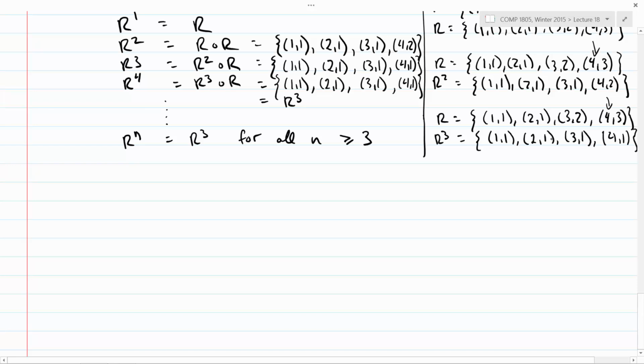I'm sort of excluding the middle thing, and that's exactly what you do when you're talking about transitivity. So the idea of being transitive and the idea of taking a composition seem like they're related, and in fact they are. They're related in the following way.